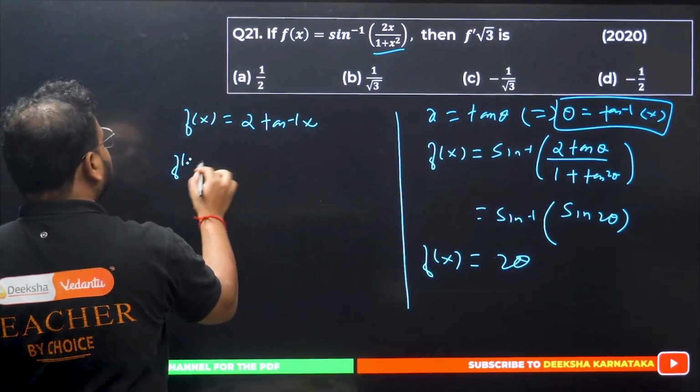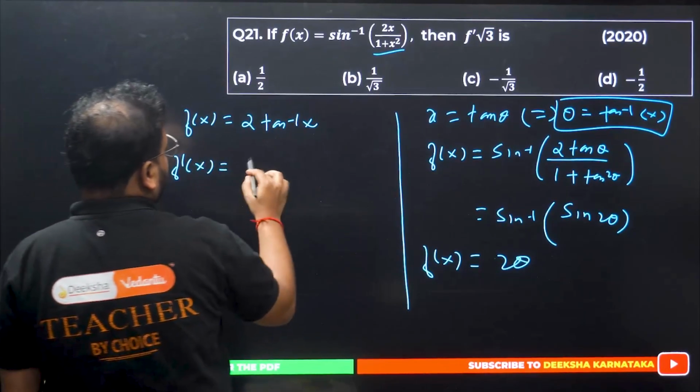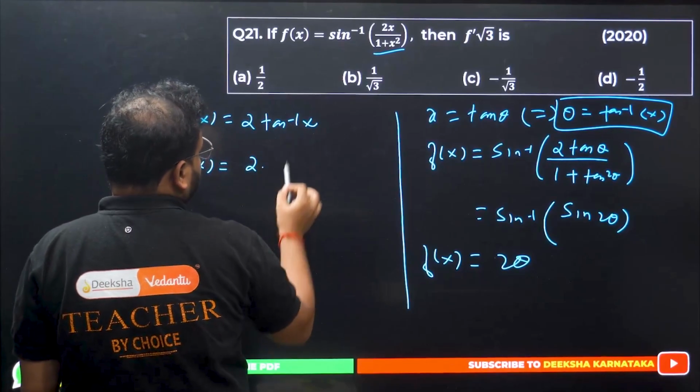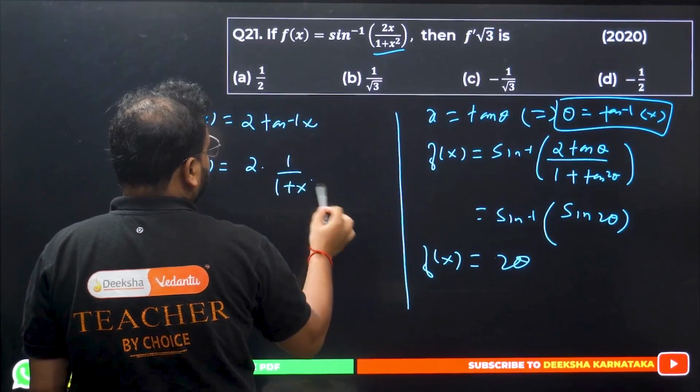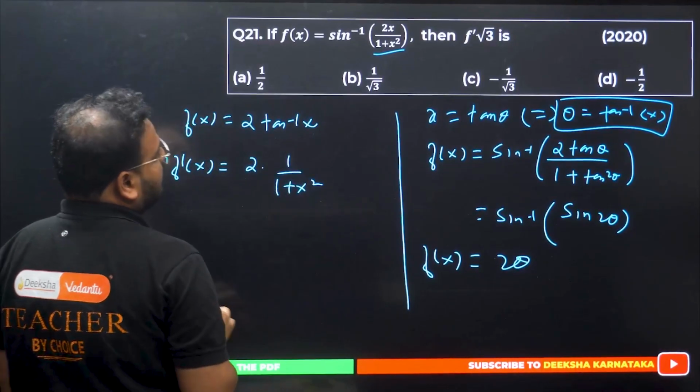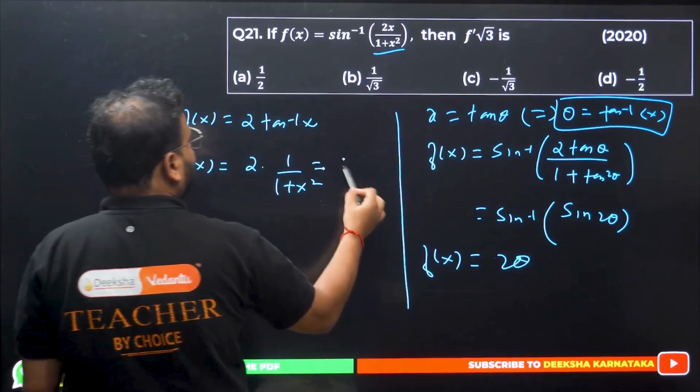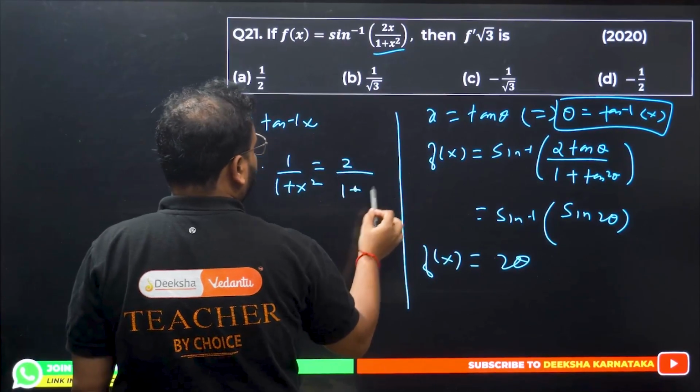So f dash of x will become twice of, derivative of this will be 1 upon 1 plus x square, so it will become 2 upon 1 plus x square.